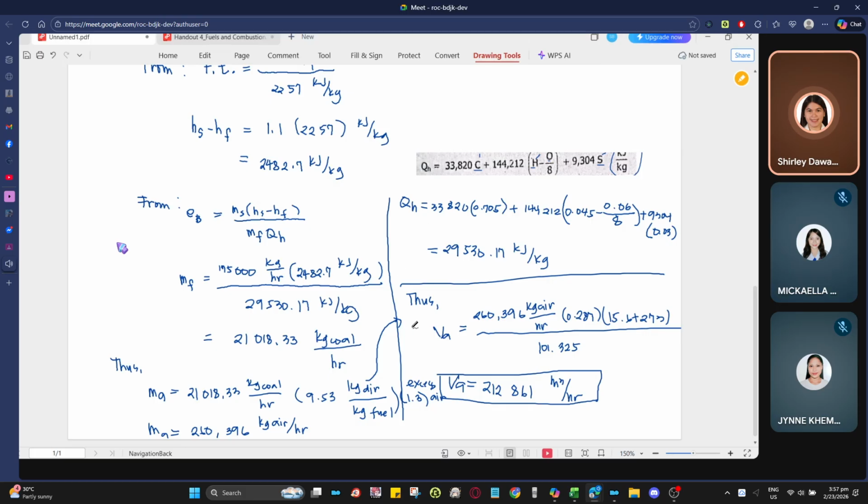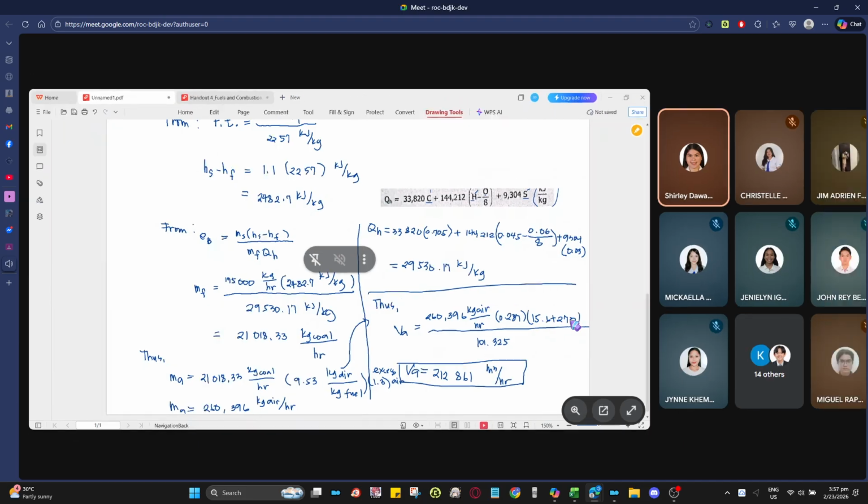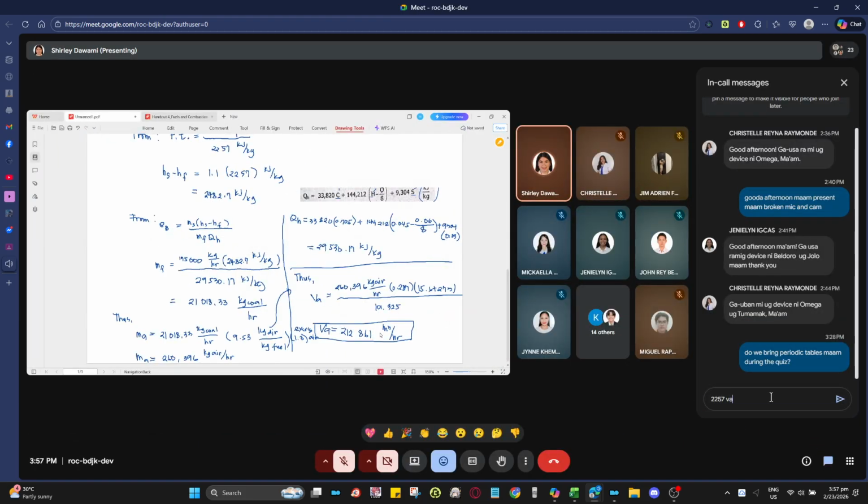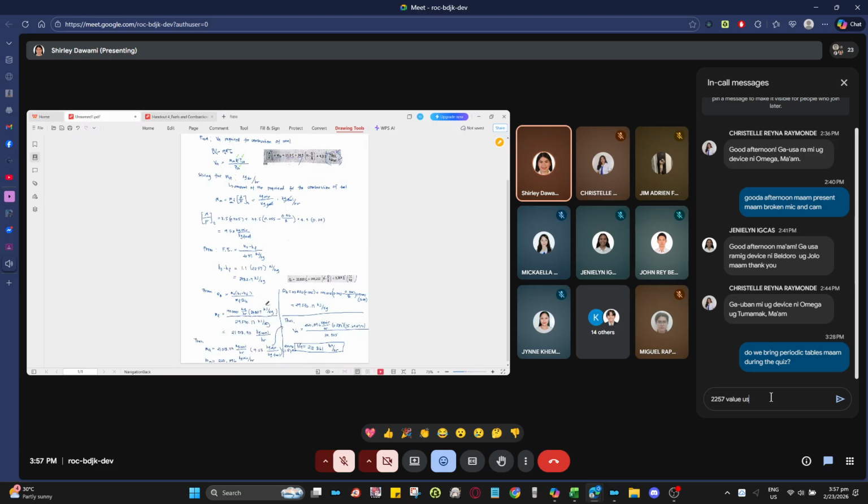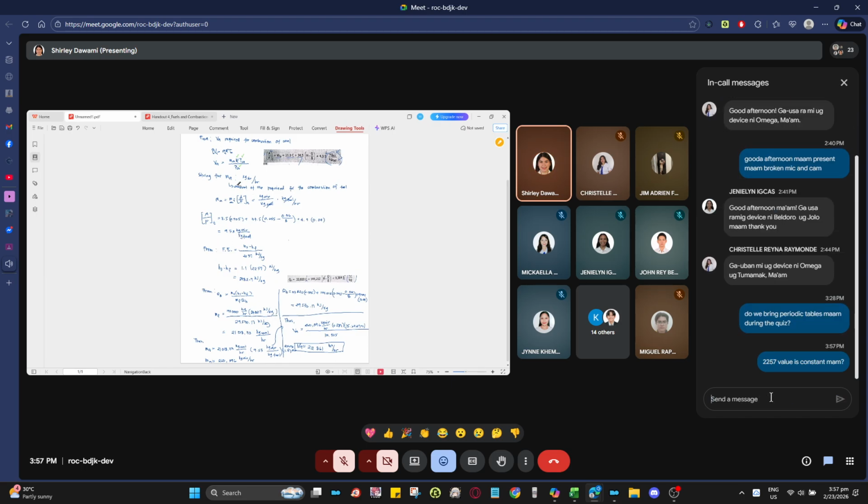Okay, so now my question on this example. Basically, what we used is PV equals mRT. So we solved for the mass of air required for the combustion.